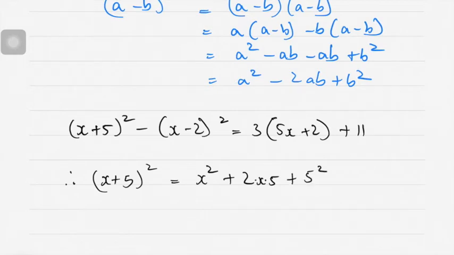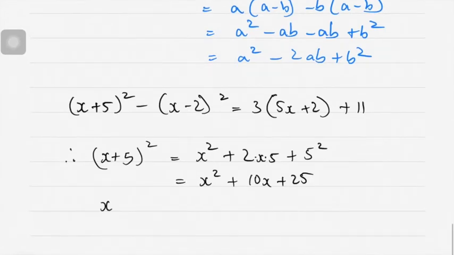Plus b², that is 5², right? So that I can write as x² + 10x + 25. Correct?